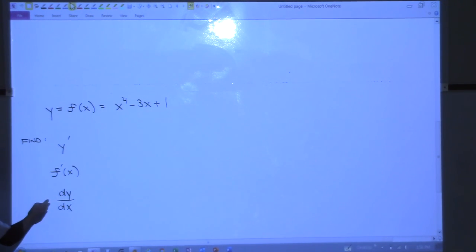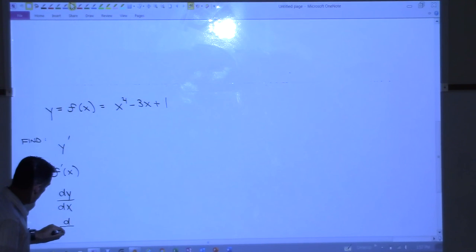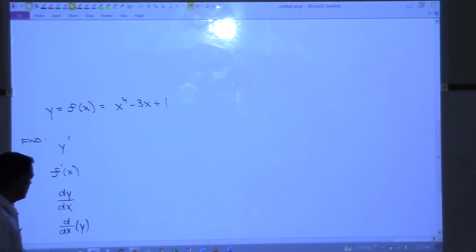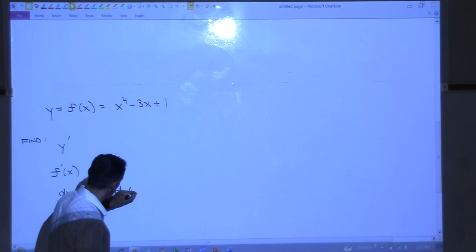And this would tell you take the derivative of this function, all right? I could have also written this, d dx of y, or I could have written d over dx of f of x.